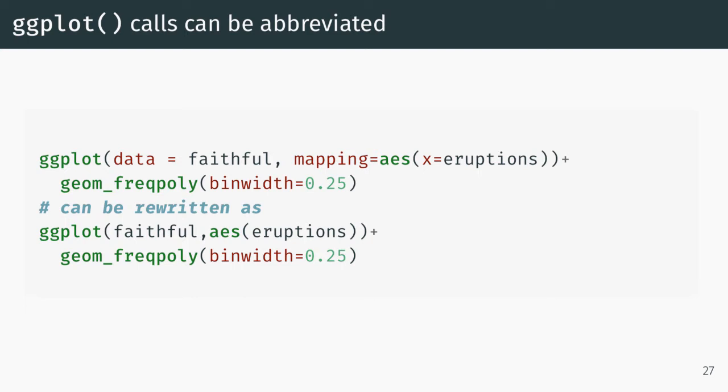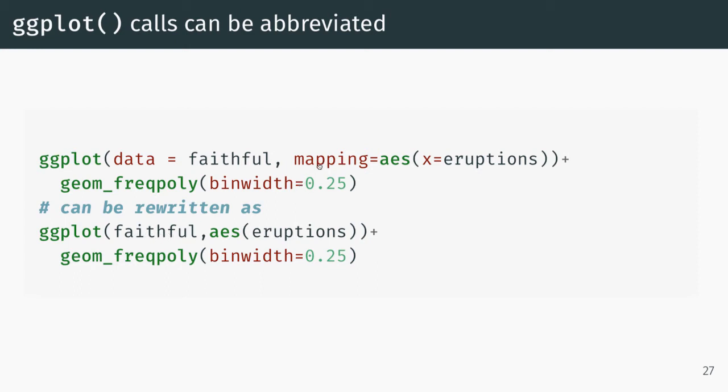And by the way, you can abbreviate these ggplot calls, so you need to be able to do a lot of ggplot calls when you're doing exploratory data analysis. And so it's important to know that the parameters are positional by default. So if you omit data here, faithful is assumed to be the data as long as it's in this first position.